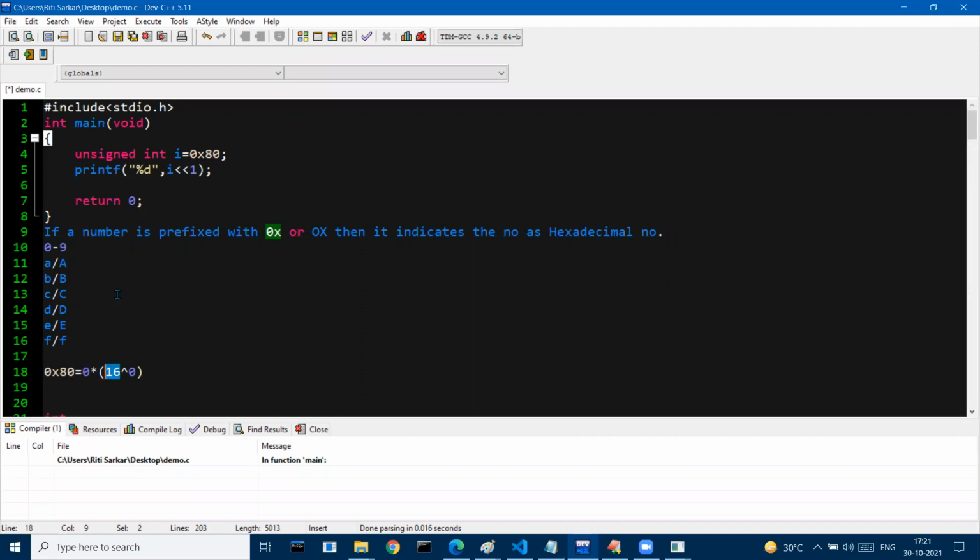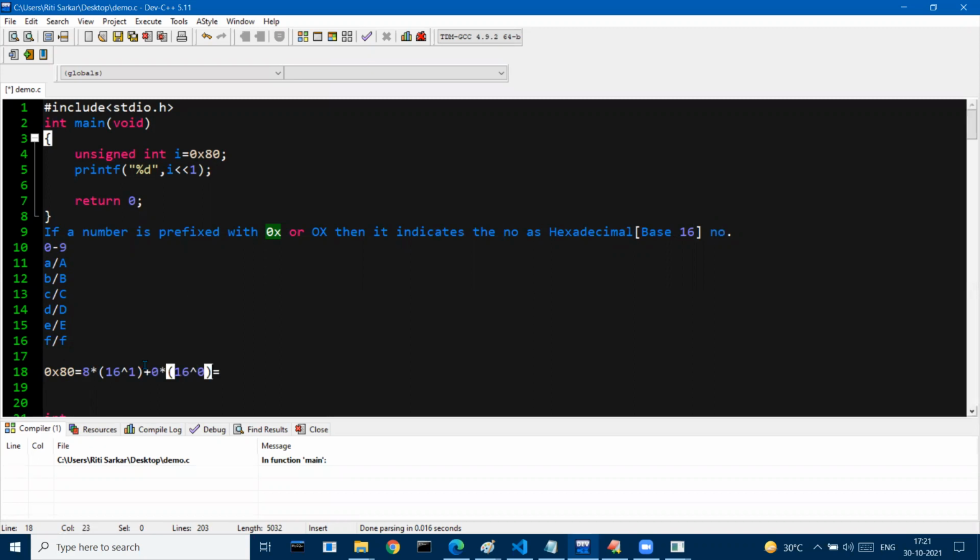Because for hexadecimal, base is 16. For decimal, base is 10. For binary, base is 2. So first digit 0 into 16 to the power 0. Next, plus, what is the next digit? 8 into 16 to the power 1.